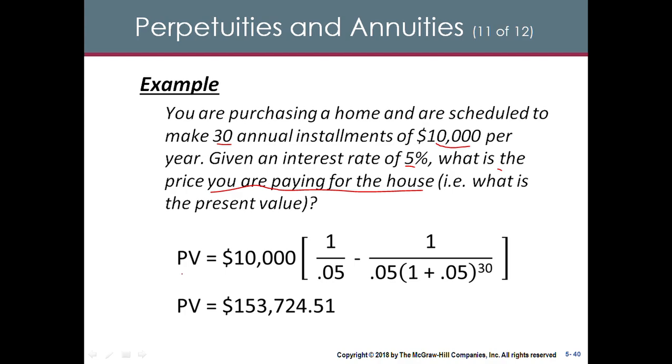So you will just apply the PV formula: C into 1 over r minus 1 over r into 1 plus r to the power t. Solve for that and you will get the value 153,724.51. The payment for 30 years equals not even half of what payment you made for today.